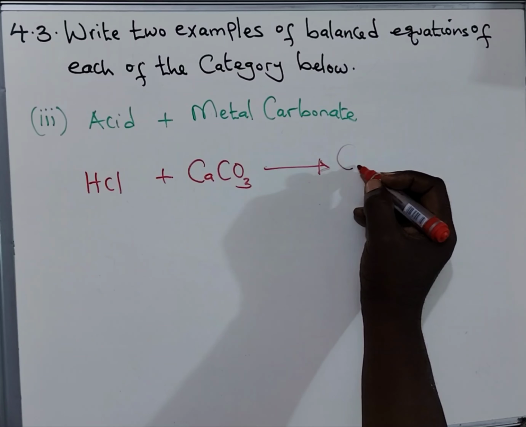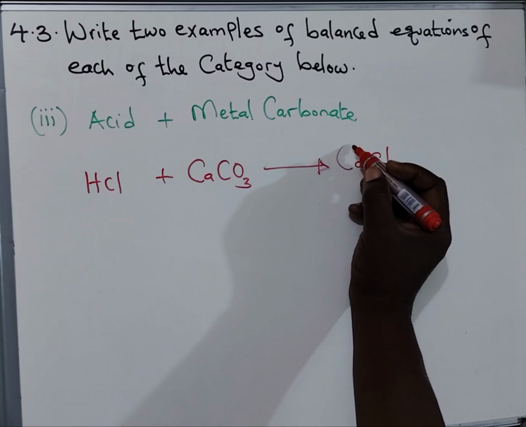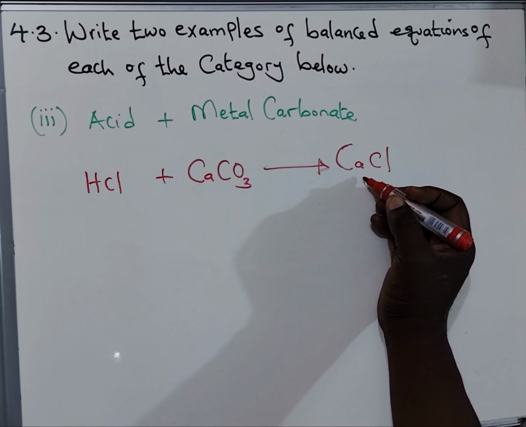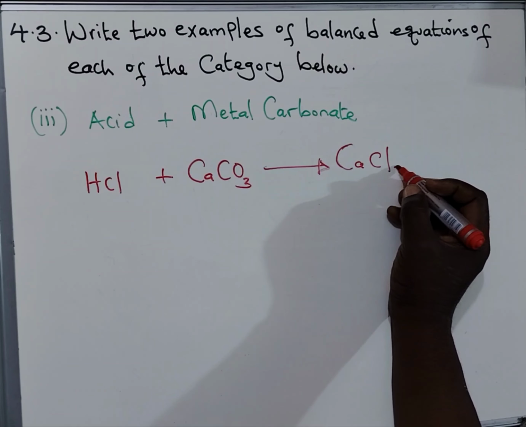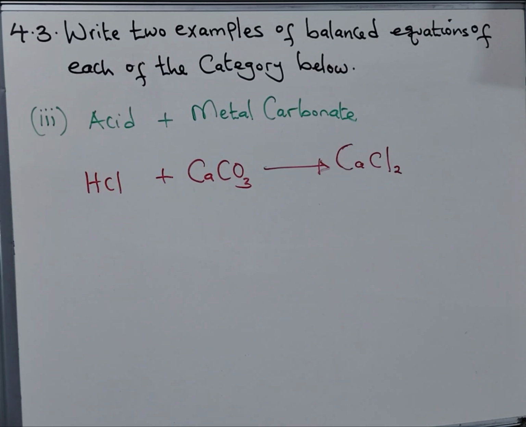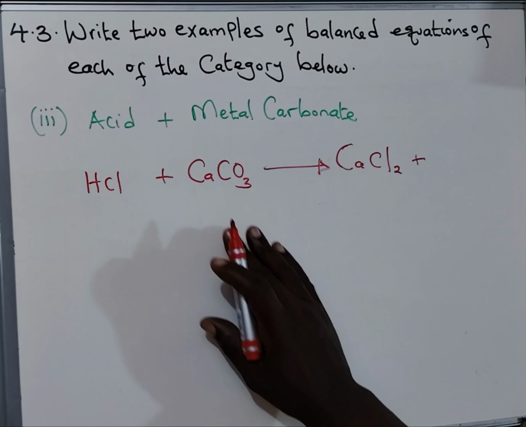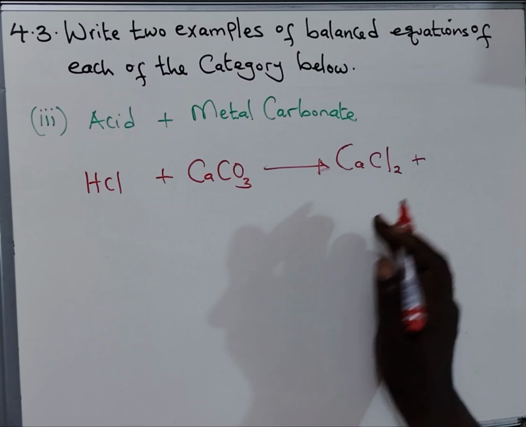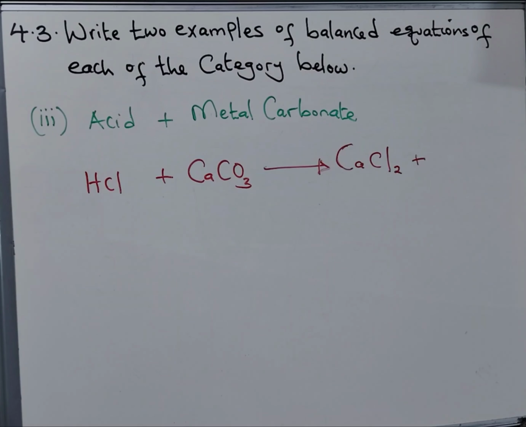We get calcium chloride. But you have to remember that calcium is valence 2 and chloride is valence 1. So you have to put 2. Okay. Then what do we get? You get carbonate and hydrogen, giving you carbonic acid. Let me show you something here.